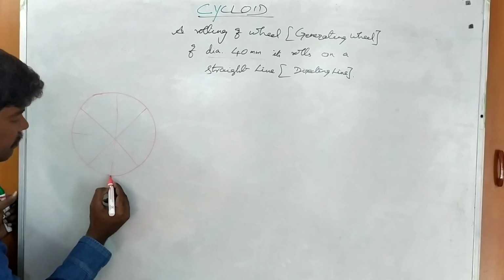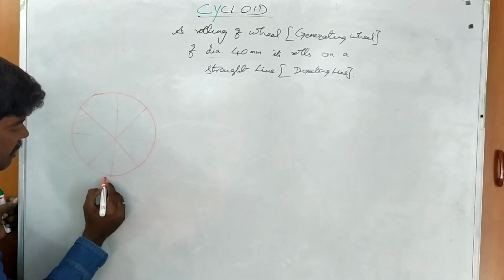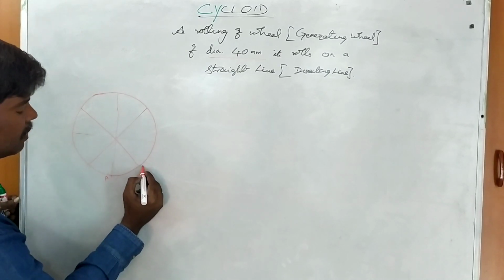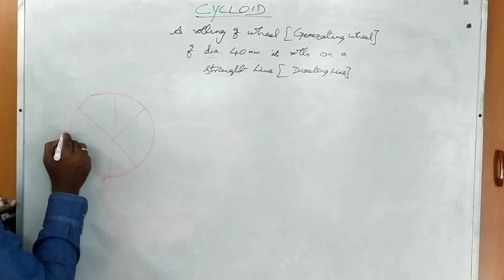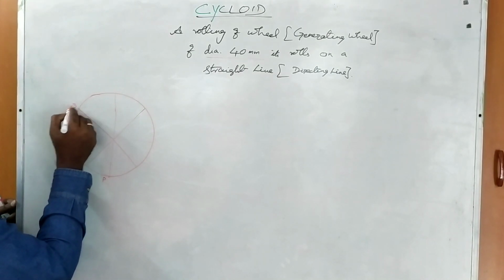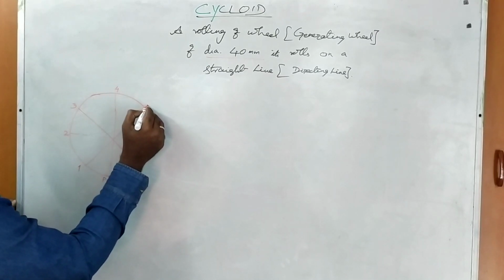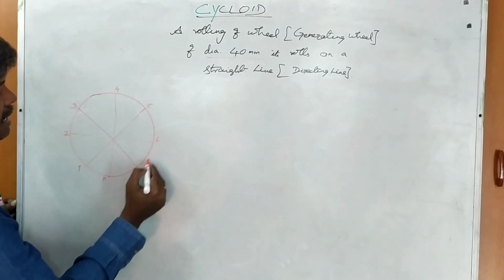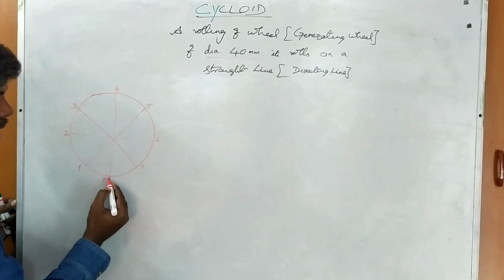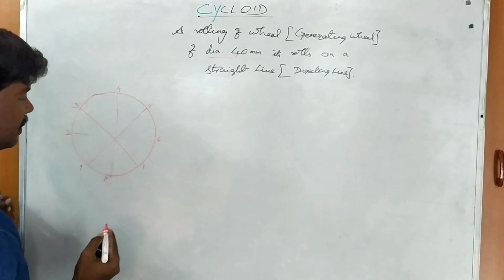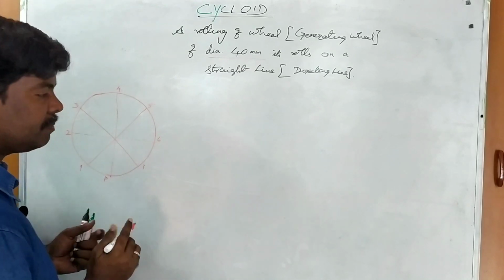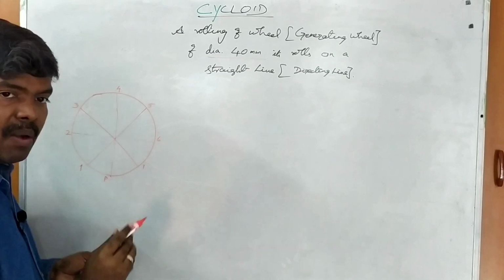First you assign the initial point P, then 1, 2, 3, 4, 5, 6, 7, and 8 is nothing but the initial point. Clear?